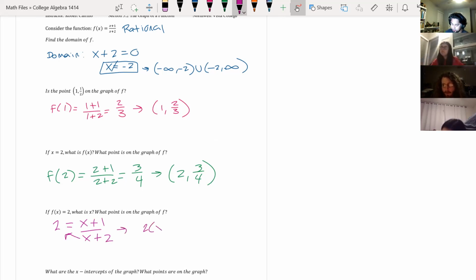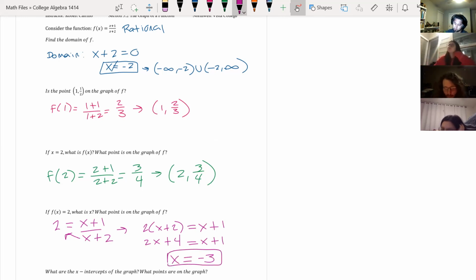And you'd get 2 times x plus 2 equal to x plus 1. 2x plus 4 equal to x plus 1. Move your x's to whatever side you prefer, and I would get x equals -3. Meaning the point on this graph is (-3, 2). Everybody good with that?